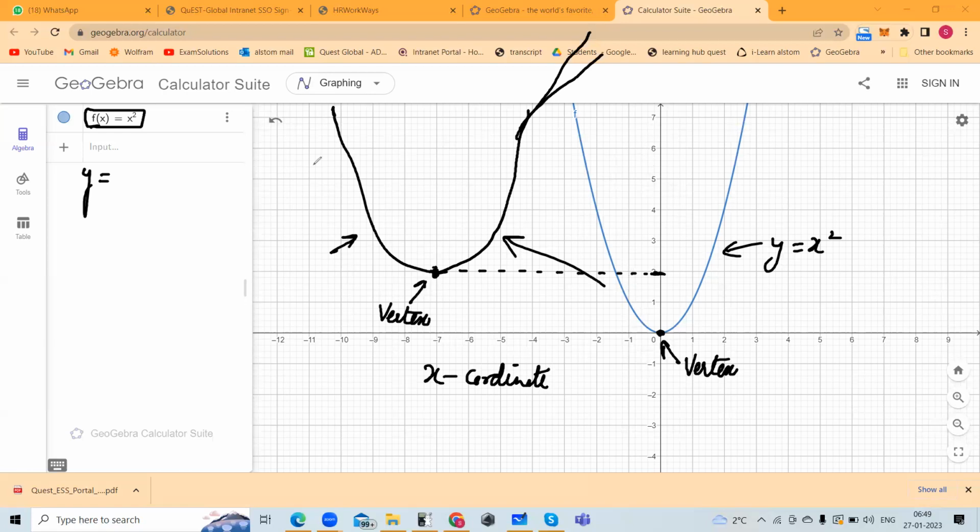So what you're doing here is shifting the parabola 1, 2, 3, 4, 5, 7 units to the left. So won't you add 7 to x? And you're shifting it 2 units up.